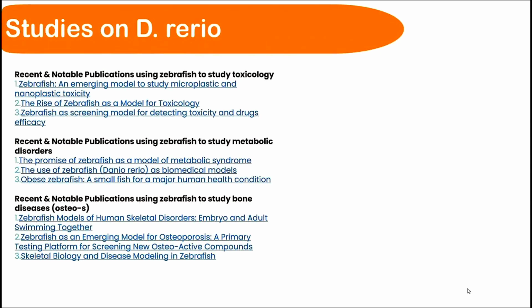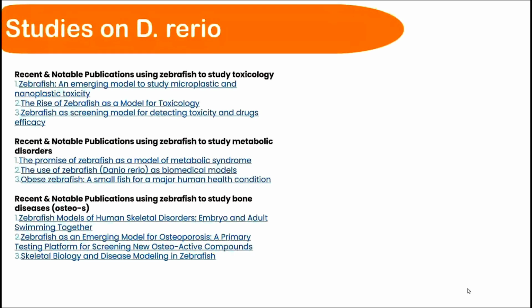A lot of work has been carried out on D. rerio, zebrafish, right? So I have enumerated some of the works with the links to these research papers also. A lot of work has been carried out on zebrafish with respect to toxicology, the toxicology studies with respect to microplastic and nanoplastic toxicity.